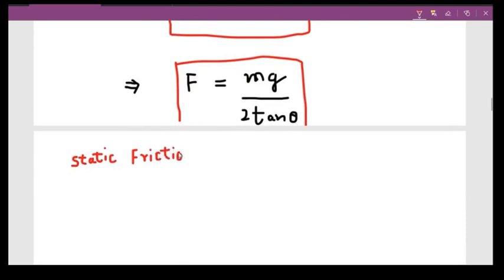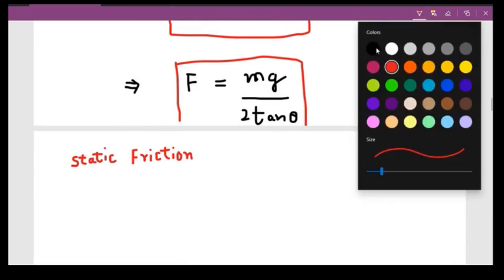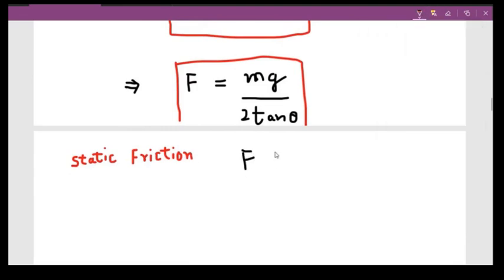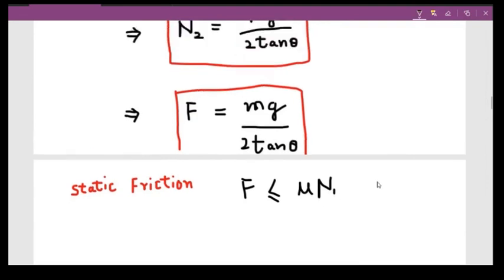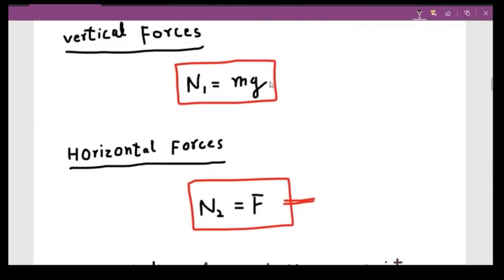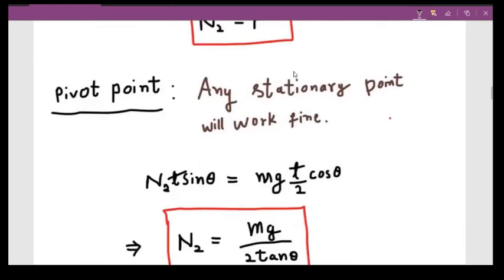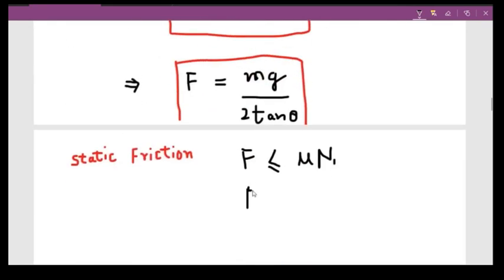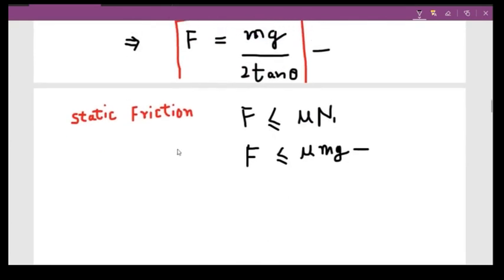So that means F is less than or equal to mu times N1, the normal force. But N1 here equals mg. That means our static friction will be less than or equal to mu times mg.